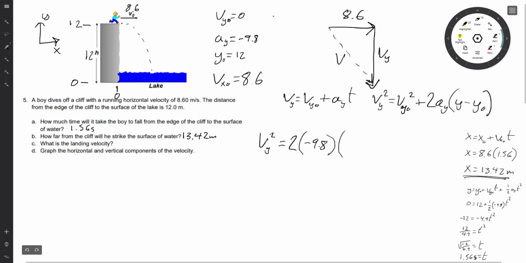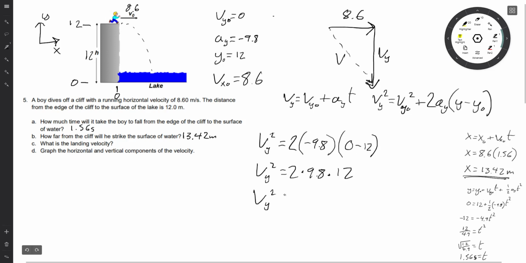However, we've got to be careful. His initial position, y0, was actually 12, and we've written that down up here. His initial position is y0, which means that his final position is 0, which means that that's actually 0 minus 12, giving us a negative 12 in this, meaning that we get Vy squared is equal to 2 times 9.8 times 12, once the negatives cancel each other out, which is a positive value.